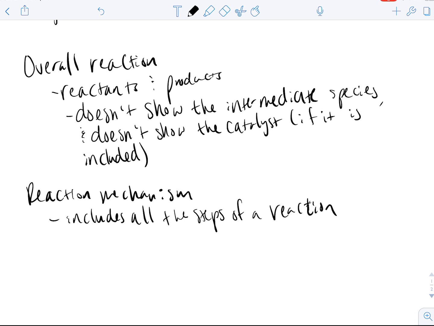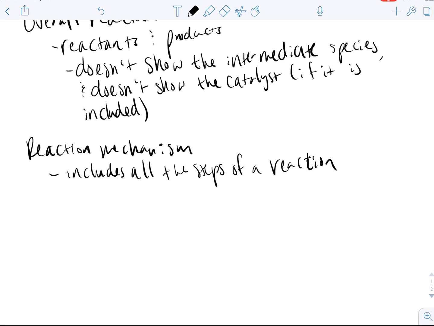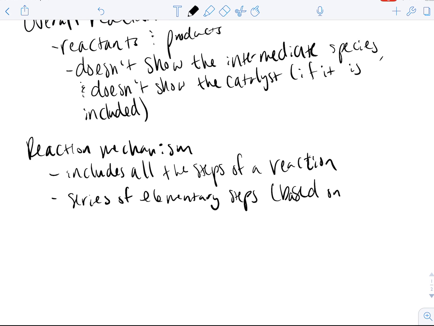With our reaction mechanism, we look at what we believe theoretically occurs, and this is based on experimental evidence, specifically looking at your rate law, and at what species are being produced during the reaction. Reaction mechanisms are a series of elementary steps, and these steps are based on our rate law. In theory, we're showing the actual collisions that are going on.